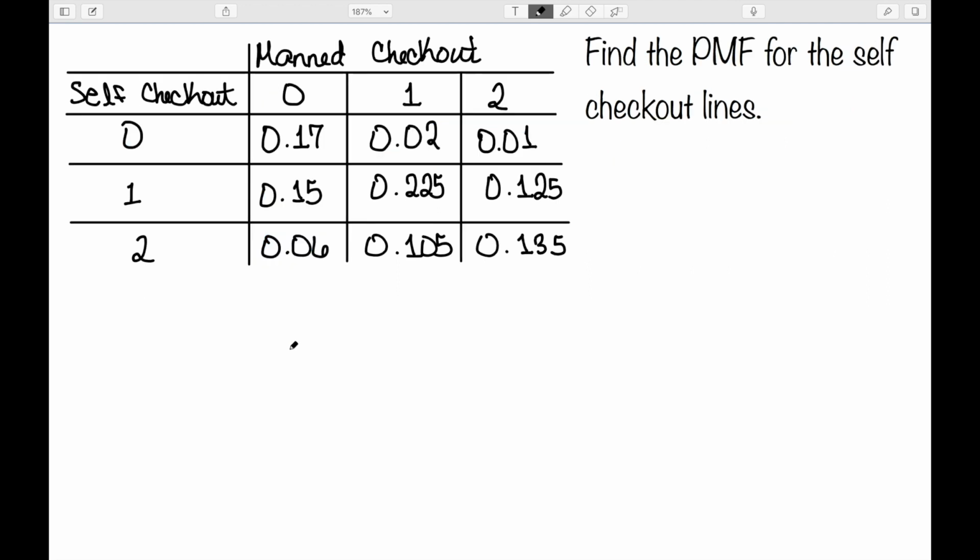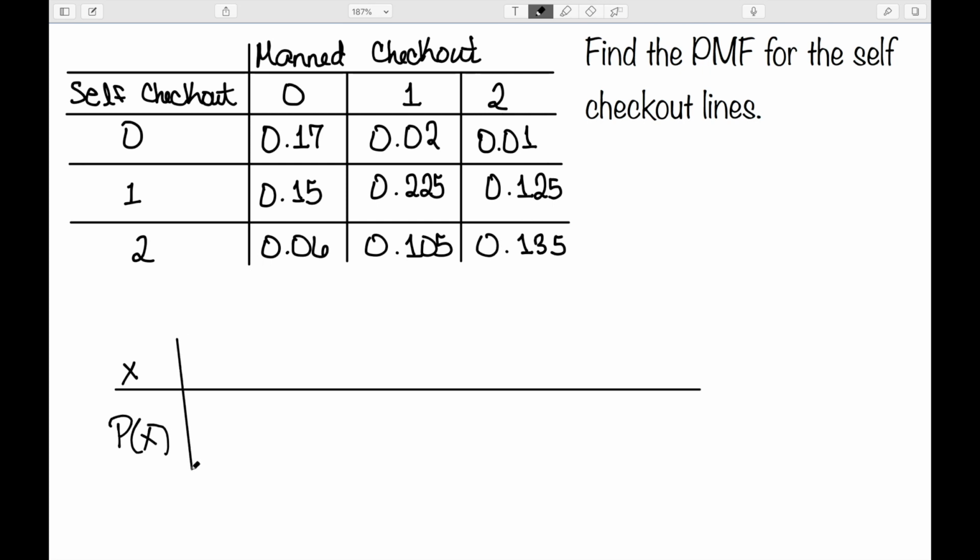Finally, let's find a PMF for the self-checkout lines. So I'm going to build my table. The possible things that could happen for a self-checkout are 0, 1, and 2. We've already found the probability that the self-checkout was 0; it's just 0.2.